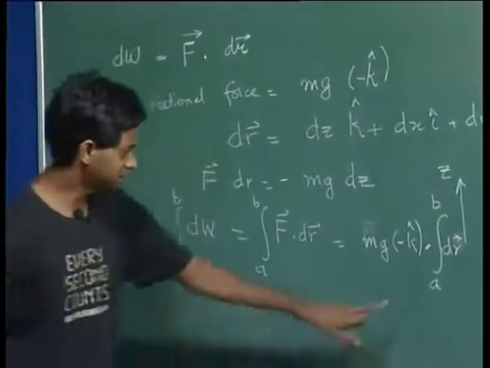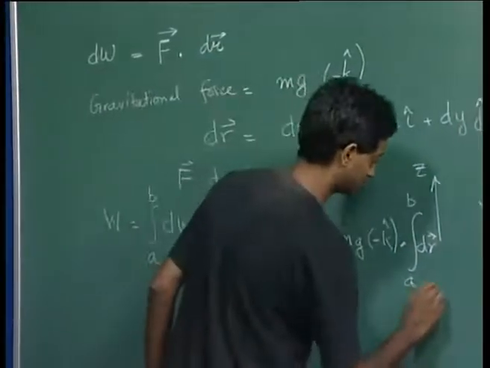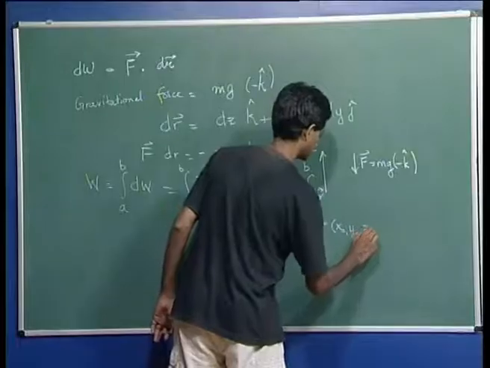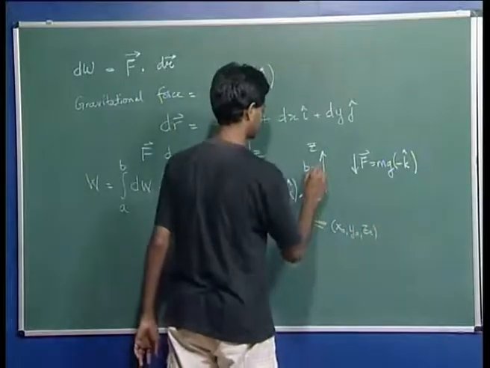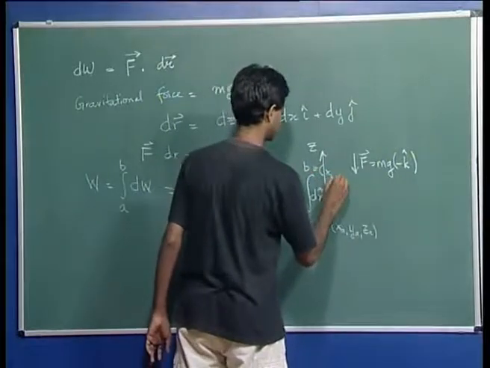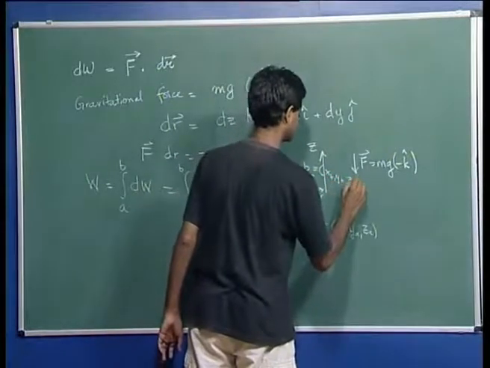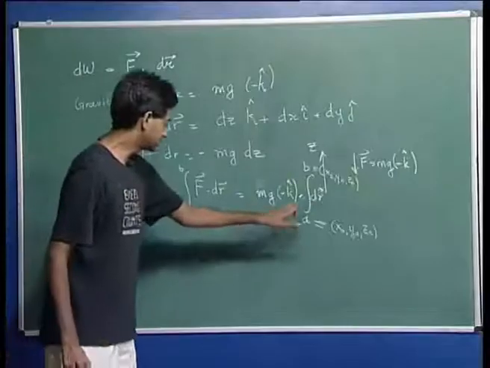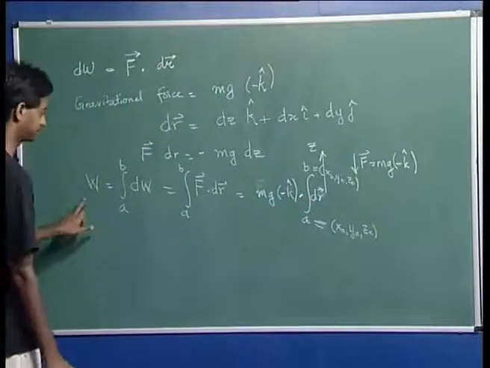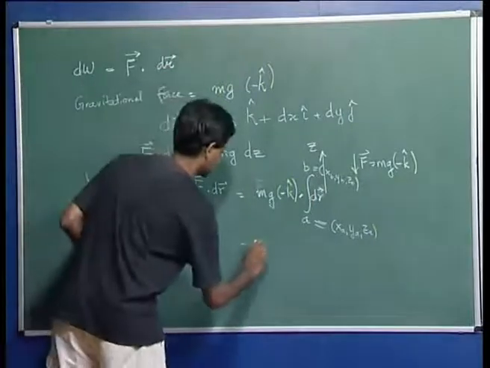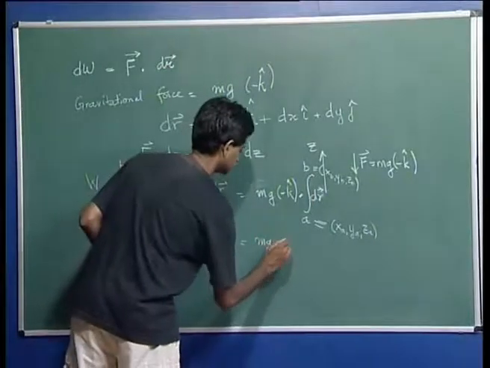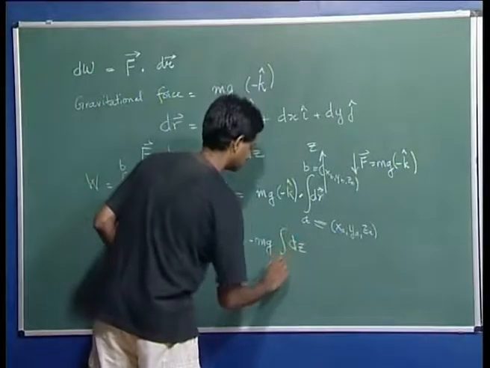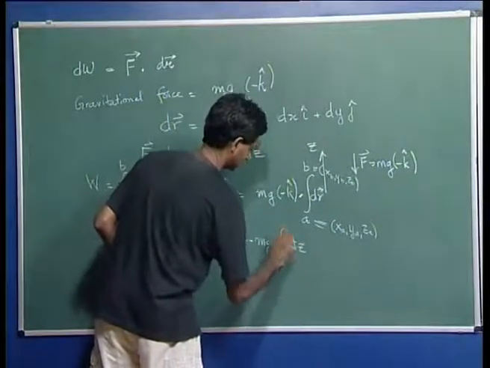Now if this point A is denoted by coordinates xa, ya, za, and this point B is denoted by coordinates xb, yb, zb, then the value of this is just minus mg integral dz from za to zb.